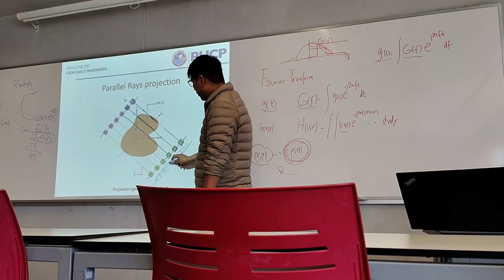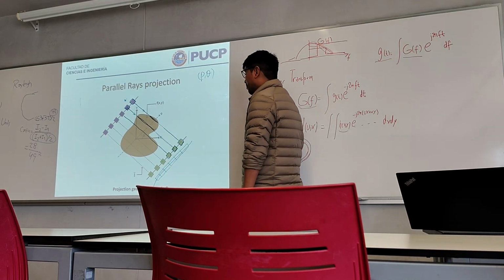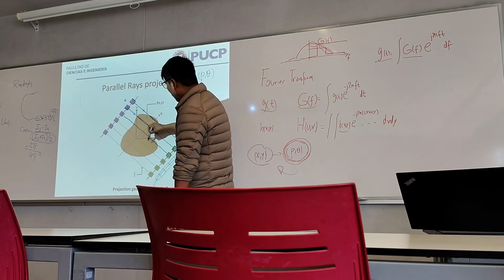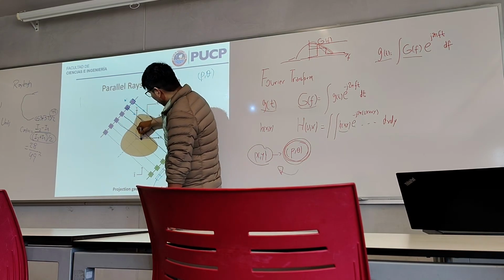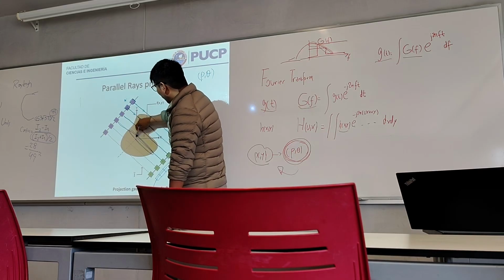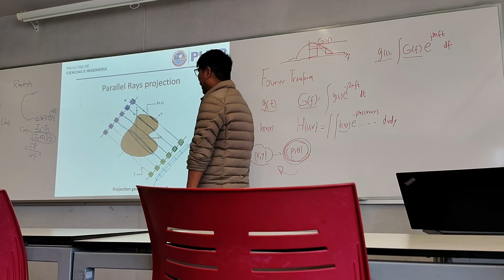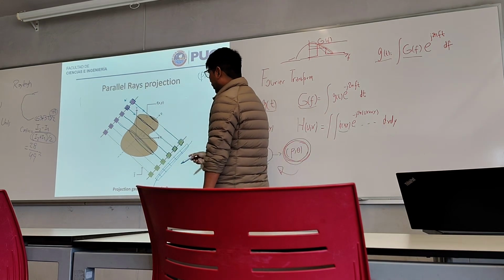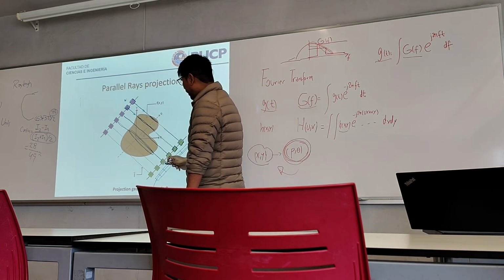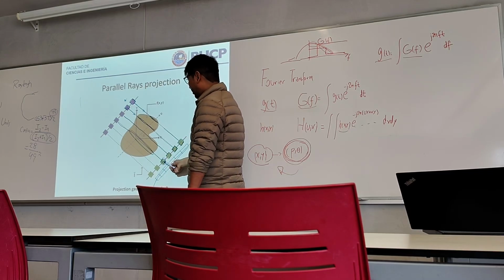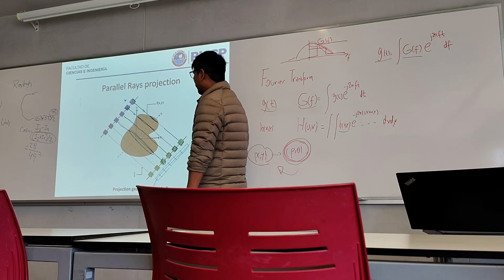Depending on the location, we will have more or less intensity. For example, I think the one that is here crosses more area of the object, and probably will attenuate more. So the attenuation here will be much more than here. Or the intensity will be less here than here.